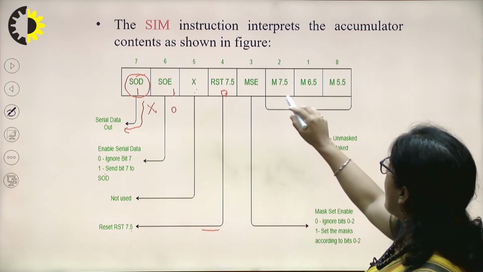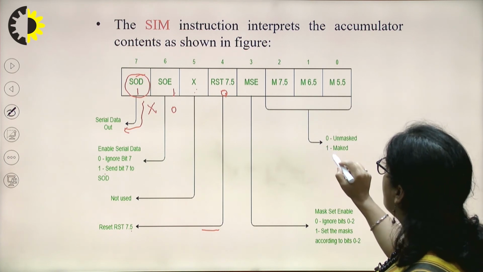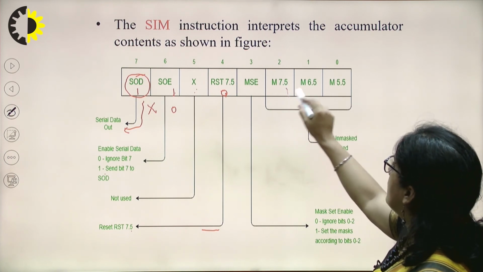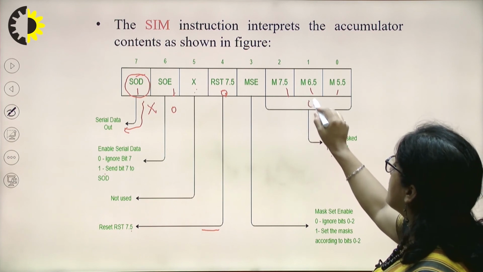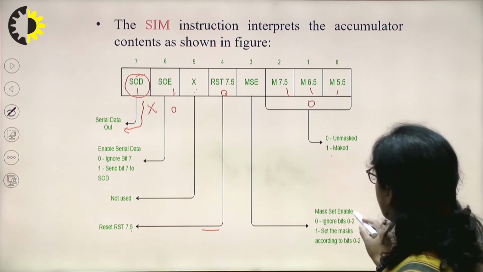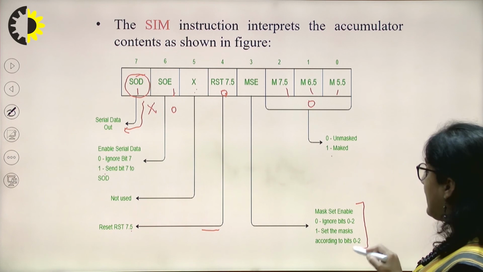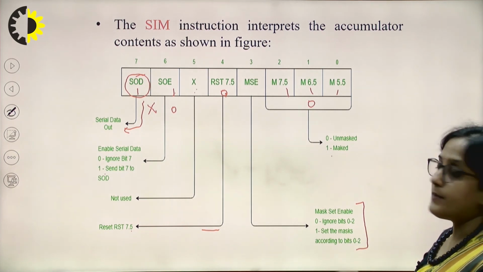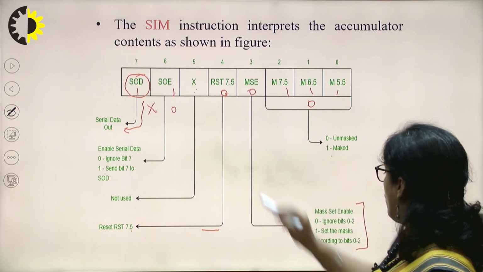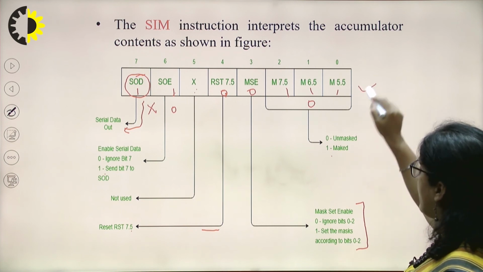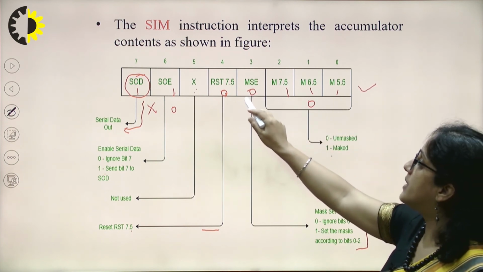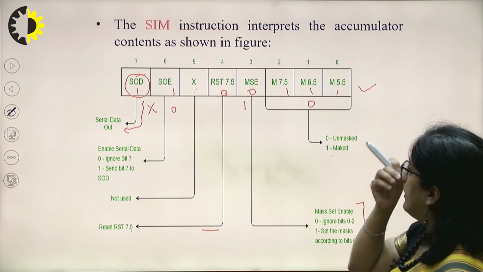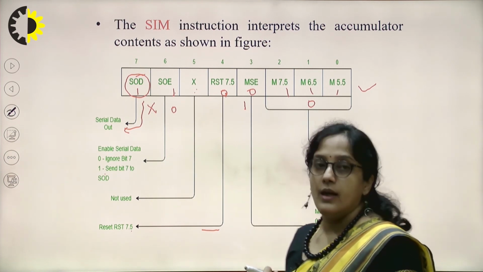But if I have to mask either of these, I can make the bit 1 for masking, 0 for unmasking, and this bit is used for enabling the masking. If I make it 0, it will ignore whatever masking is set, and if I make bit number 3 as 1, then we can use this masking.